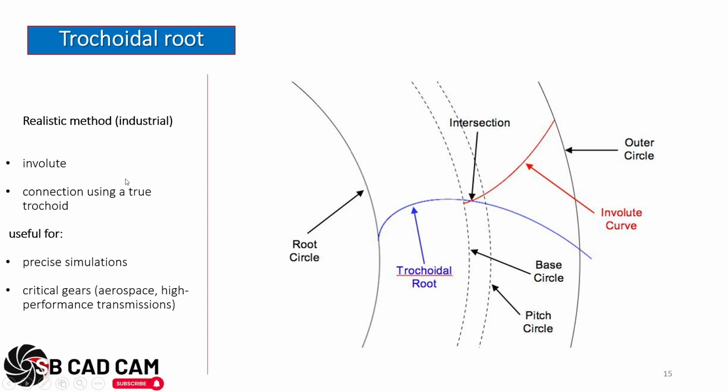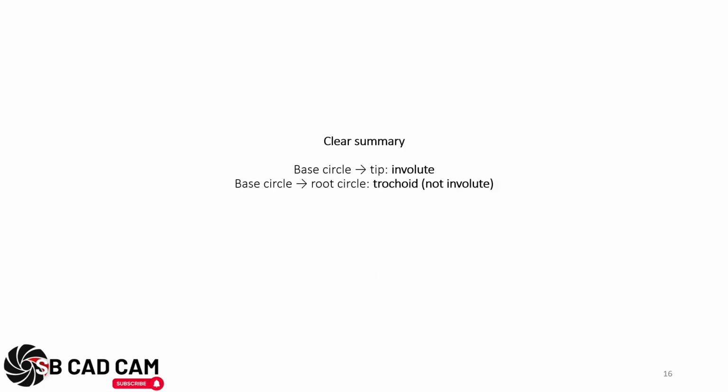Or connecting using a true trochoid, which is the most precise thing to do. It is useful for precise simulation, or in critical applications like aerospace or high performance transmissions, like in special cars such as Formula One cars.